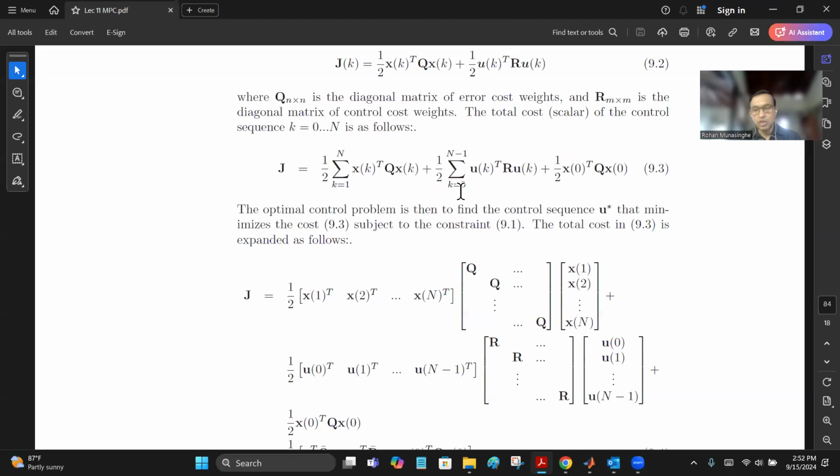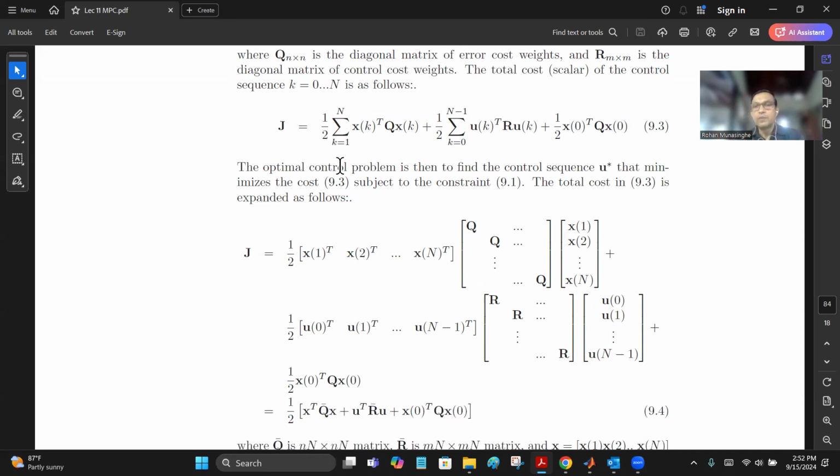You start with 0 and end at n minus 1, so all of the control costs are here. Now, if you look at the summations, the first one goes from 1 to n, the second summation goes 0 to n minus 1. So they have the same number of terms, but shifted by 1. Other than that, their number of terms is equal.